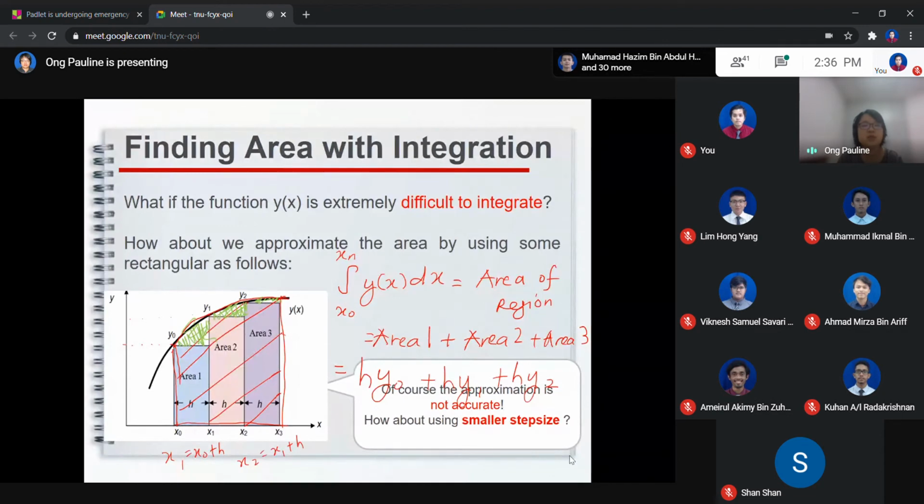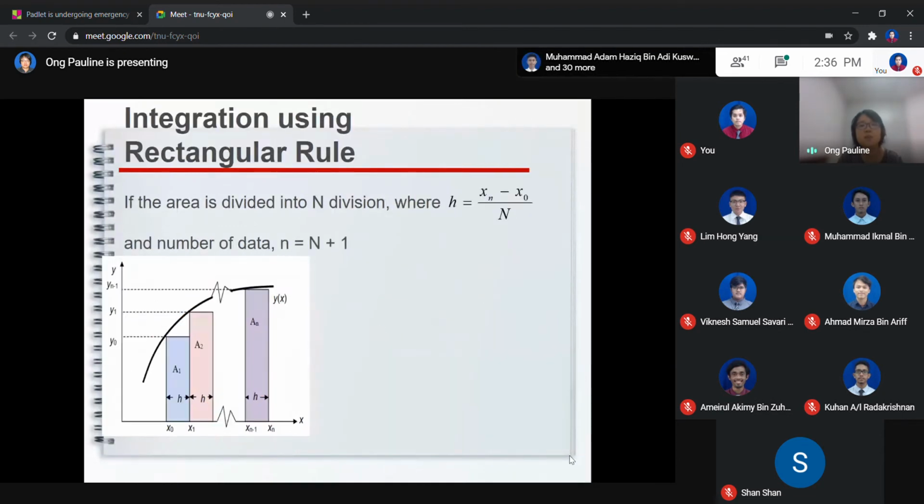So let us go for the rectangular rule in a more general way. Let's say now we use n divisions to approximate the area of the region.